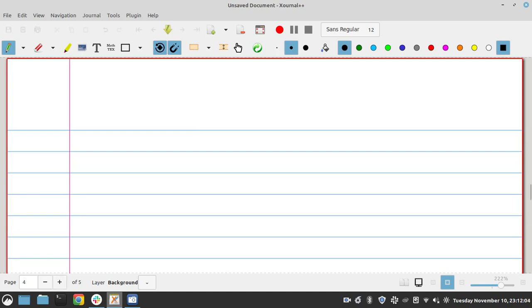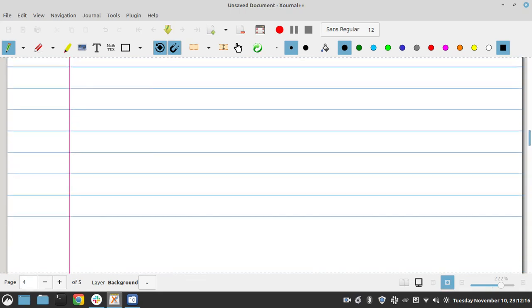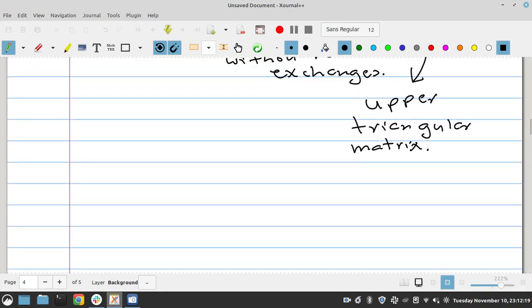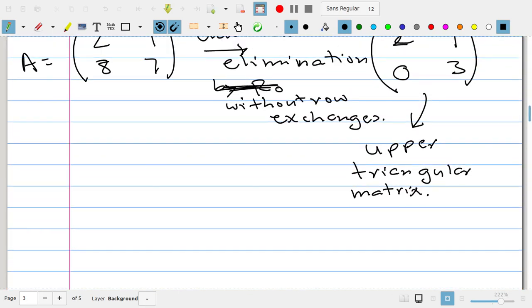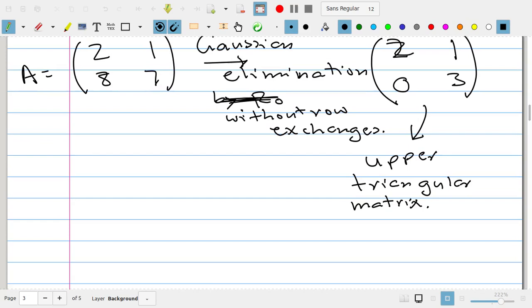Okay, so just a moment. Okay, so with just one row operation, right?